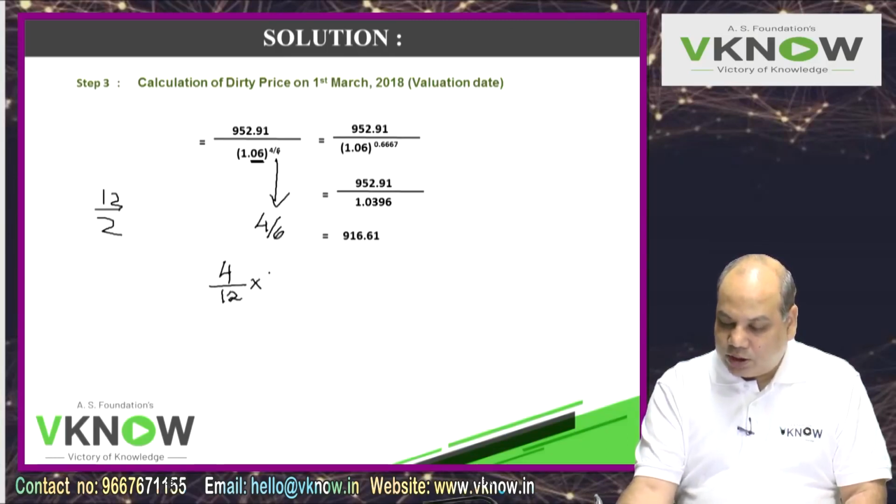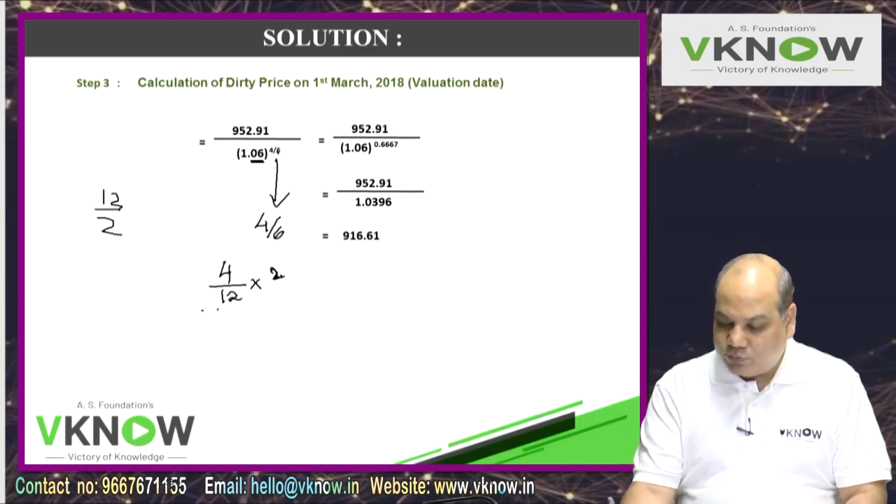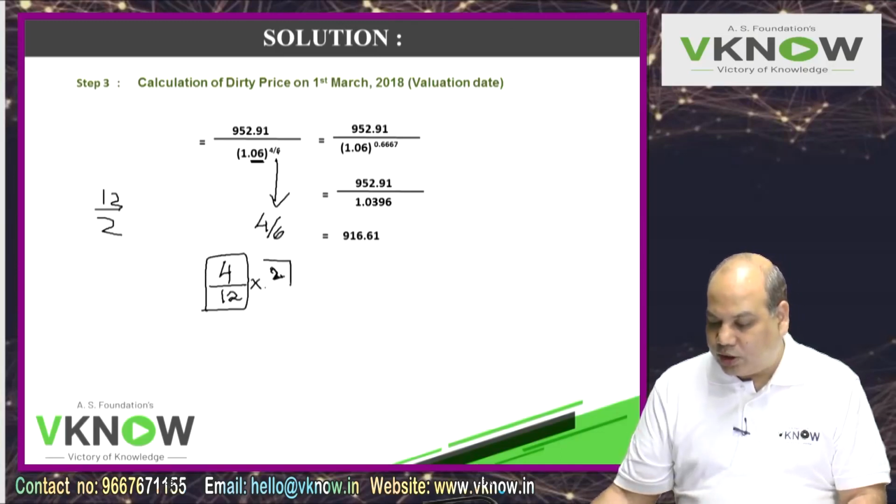And in a semi-annual bond, we multiply the number of years by 2. So 4 by 12 years multiplied by 2 will be used for semi-annual bond. So 2 and this 12, 6, 4 by 6. Okay. And then you solve it.